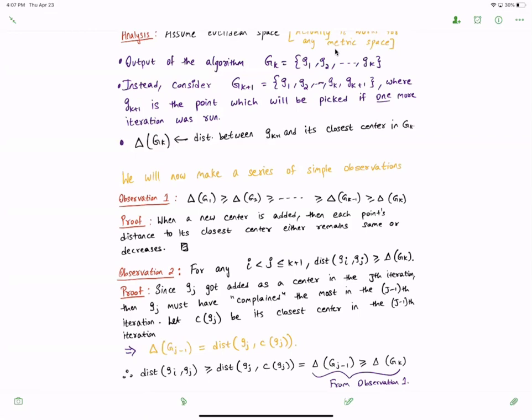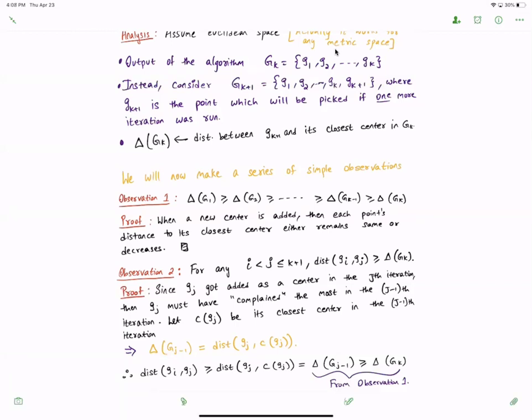So now, if you look at the distance between G_i and G_j, it has to be at least the distance between G_j and its closest center. If G_i is equal to C of G_j, then it will be an equality. Otherwise, it will be an inequality. This is an easy inequality to see.